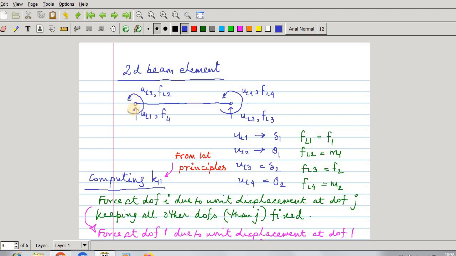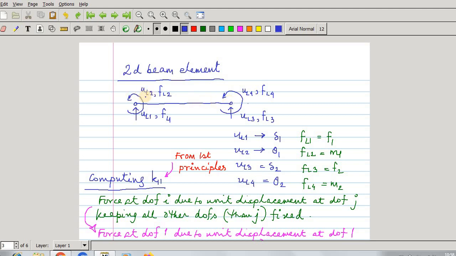We are calling the slope a small rotation. So it can have a displacement and a rotation. Rotation is actually the slope. Here also it can have a small displacement and a small rotation or slope.